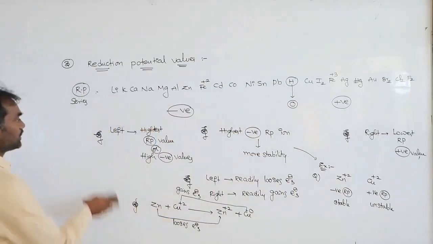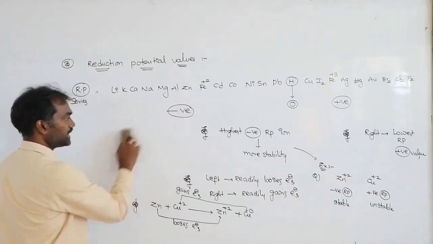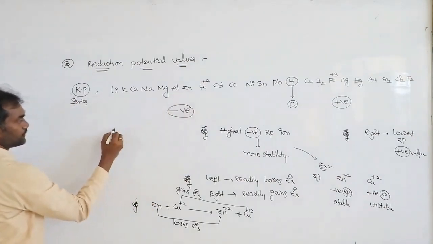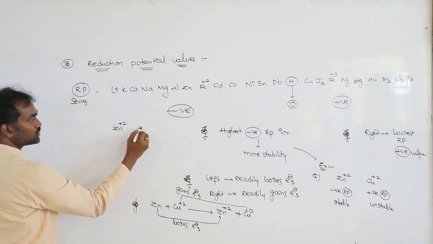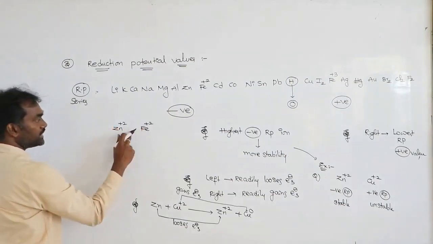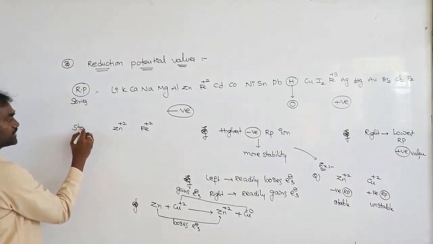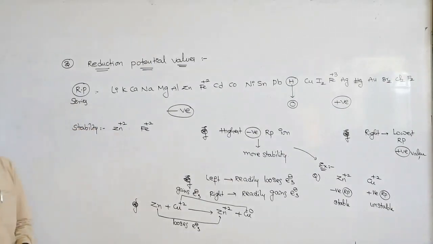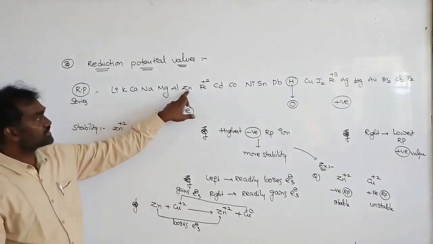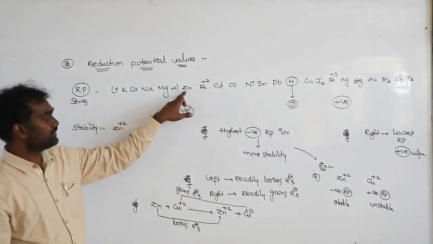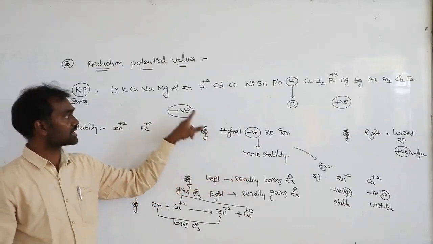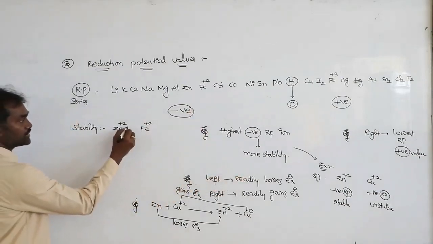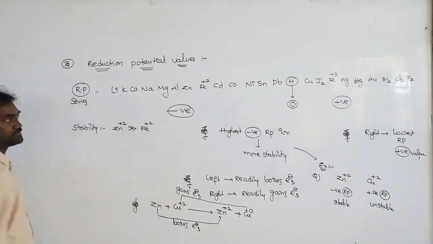Next, suppose you take both negatives: zinc and iron, Zn plus 2 and iron plus 2. Of these two, which has more stability? Zinc is on the left side, iron on the right side. The left side one readily loses electrons, and readily losing electrons means it becomes an ion, so stability is more.